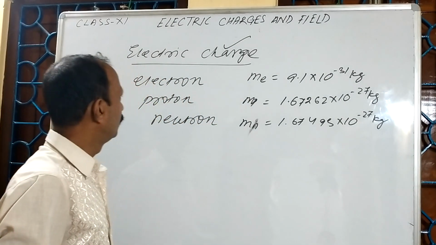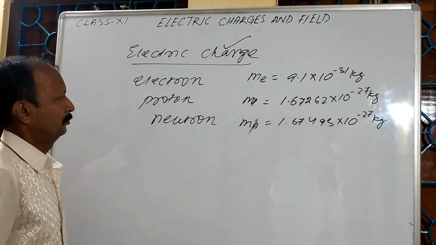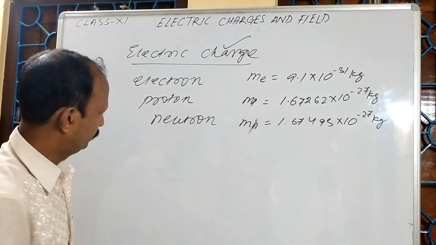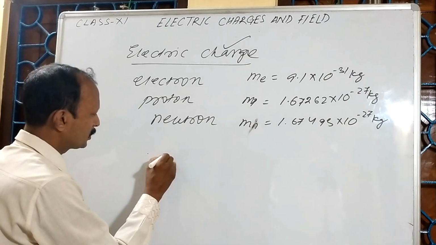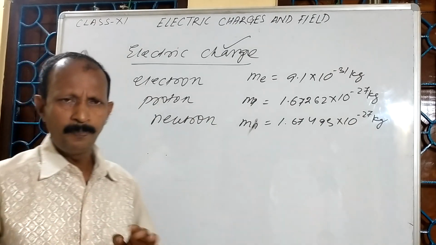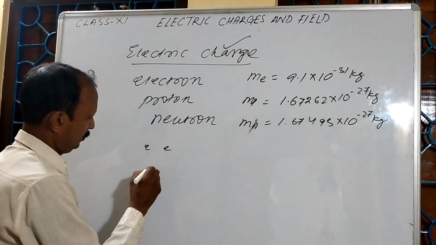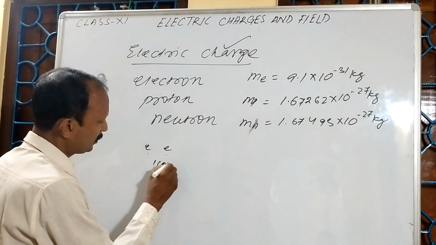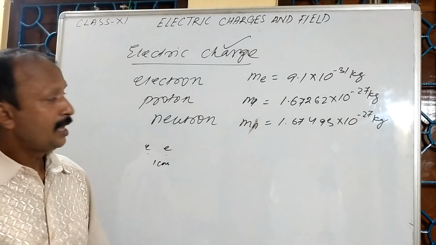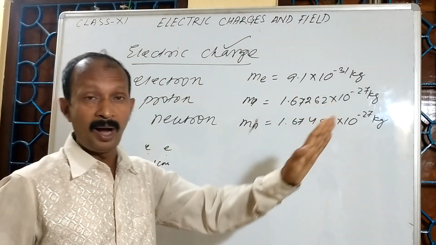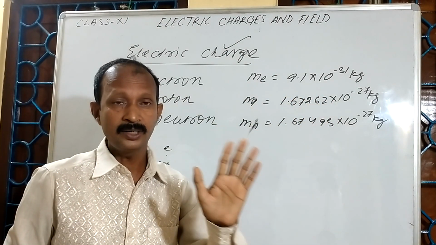See here, if two electrons are there, suppose these two electrons are at a distance of 1 centimeter. I have mentioned they have mass.